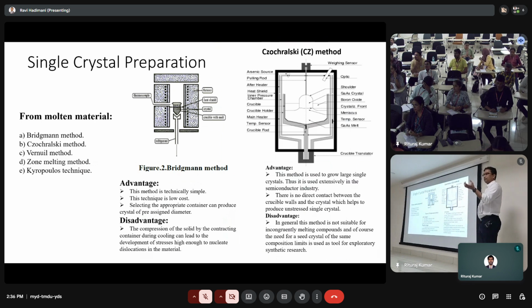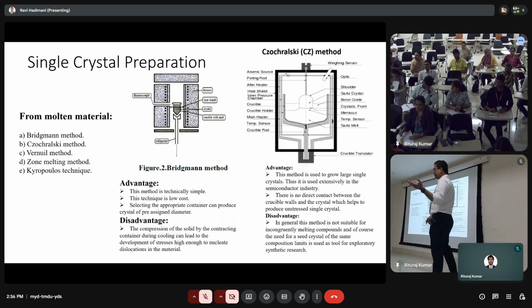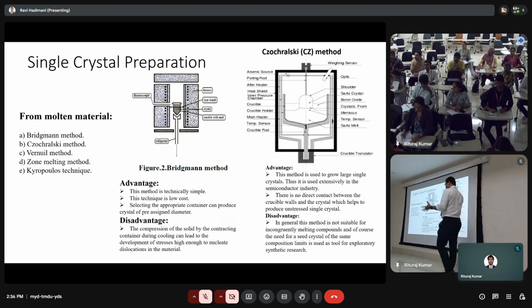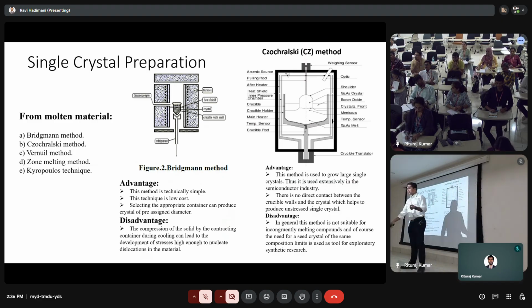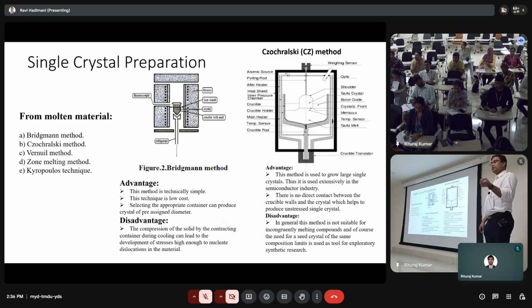So a casted material is what kind of material? Polycrystalline, right? It has grains. And the previous one is amorphous, where there is no crystallinity. You can have nanocrystalline material, but now the next one is single crystal material.